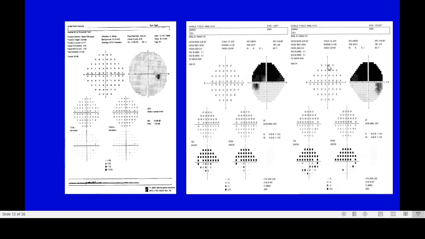And these are the changes that we see typically in case of glaucoma. Very dense superior arcuate defects are seen on both sides. You can see over here. So this is what an actual visual field looks like.